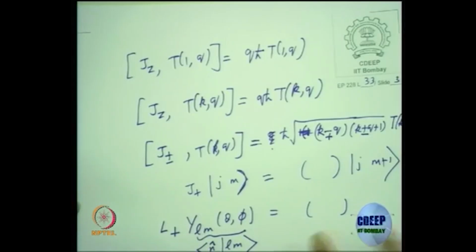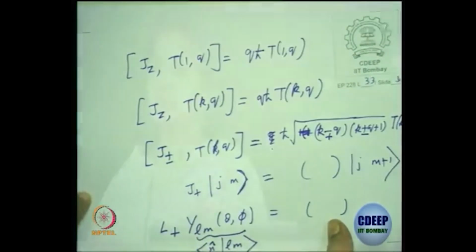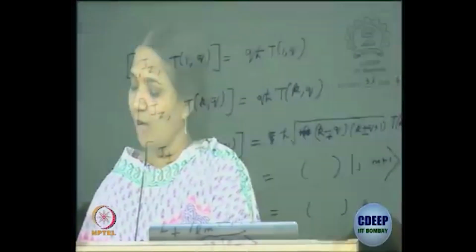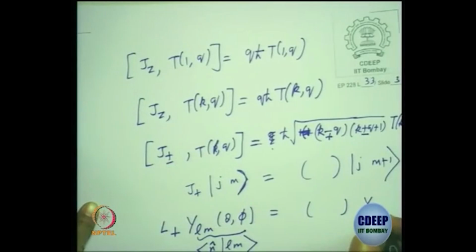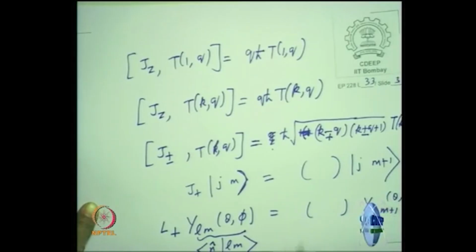So both ways should match, right? You can check that this will give you Y_L,M plus 1 of theta phi. I am not writing the coefficient, but you can check it out. It will be exactly the same as this. There is no change, but you can verify it.